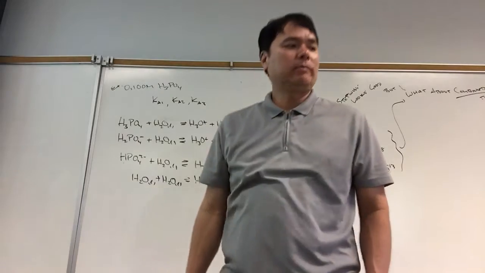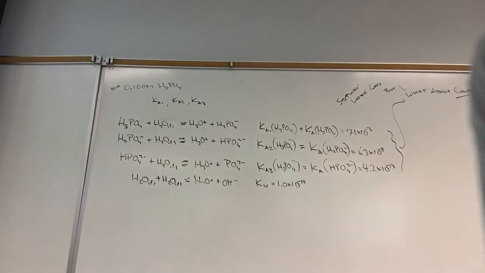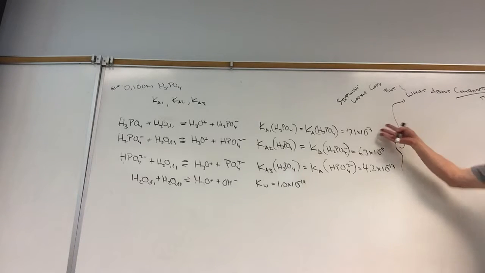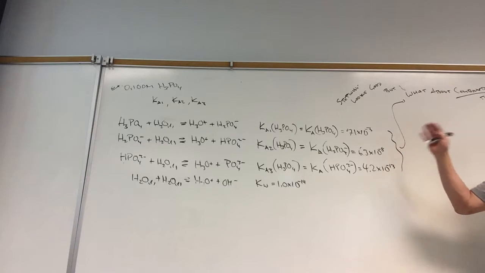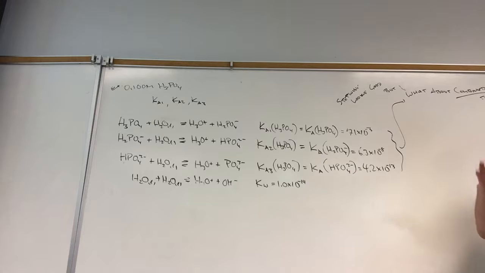There are going to be 3 ways that we're going to solve multiple equilibria. The 3 ways are going to be stepwise, which is our preferred method, simultaneous, which we want to avoid, if at all possible, and combined. Now, combined seems like the way to go for this, for sure.